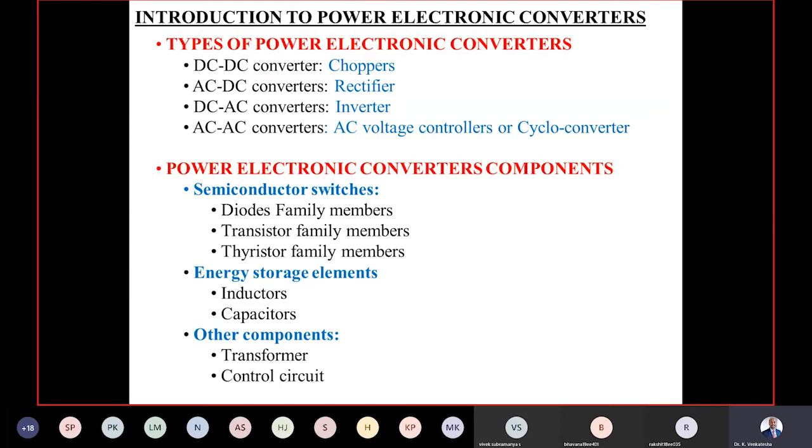Then energy storage elements. Inductors and capacitors play a vital role. A very important thing is in every power electronic converter, we ensure that the inductor has to energize, it has to de-energize. Energize means it reaches the highest value of the energy, then it has to de-energize. Inductor is basically a current element.